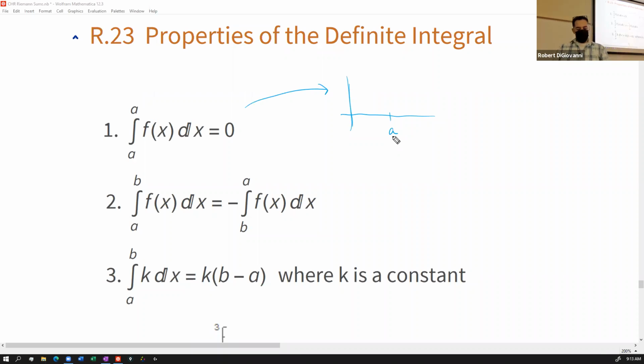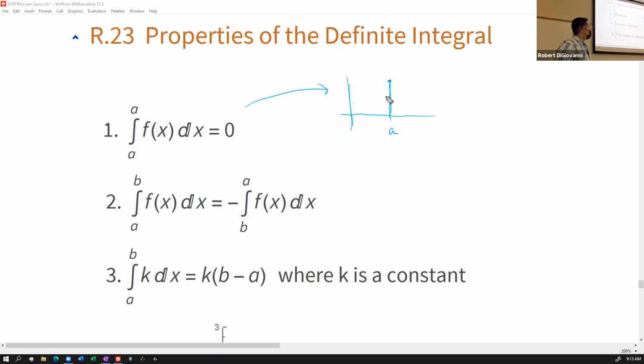So the function above that is really a single point, and you're trying to find the area underneath it. Well, the area is just a straight line down, and straight lines don't have areas. So your area should be 0. Is that a pretty simple idea?